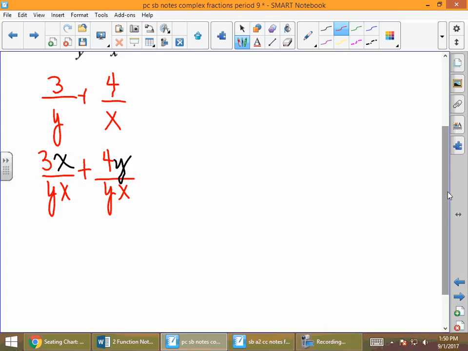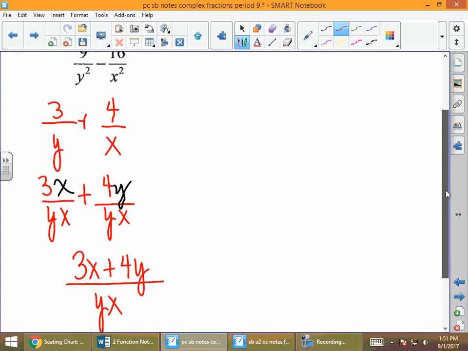And in the numerator, the top of the overall big fraction, the only thing that we can do now is say that this is 3x plus 4y divided by yx. Don't cancel anything out. We cannot factor anything in that problem, so we cannot cancel anything in that problem.